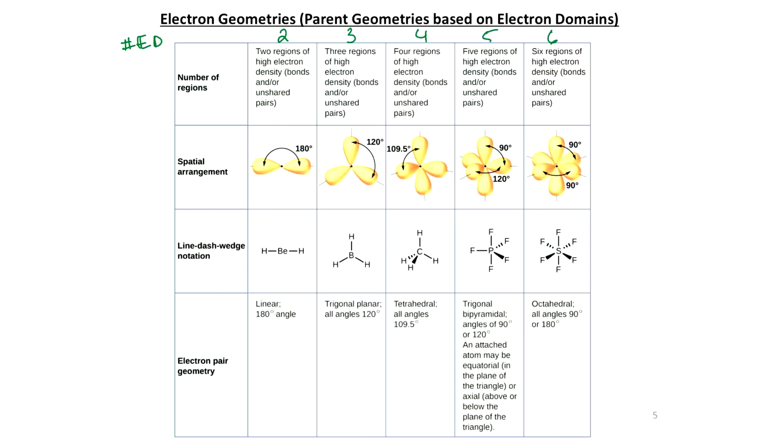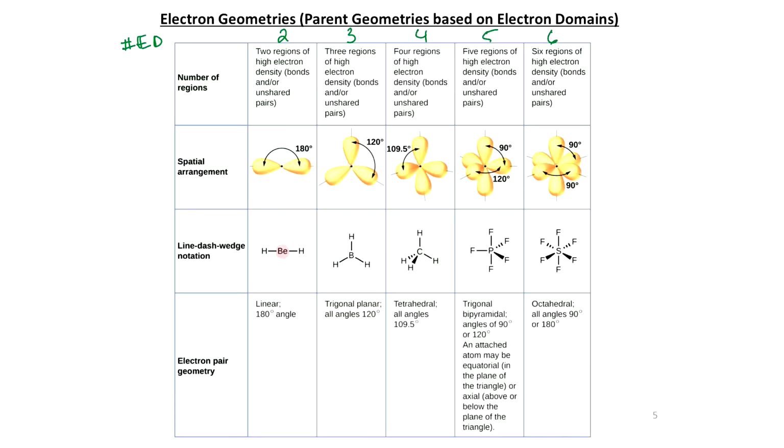Here's an example for 2 electron domains. Notice Be, beryllium, with 2 things attached to it. This central beryllium has 2 bonds, so there are 2 electron domains. Or here, BH3. This boron has 3 electron domains around it. This carbon atom has 1, 2, 3, 4 electron domains around it. Then 5 and 6, and so on.